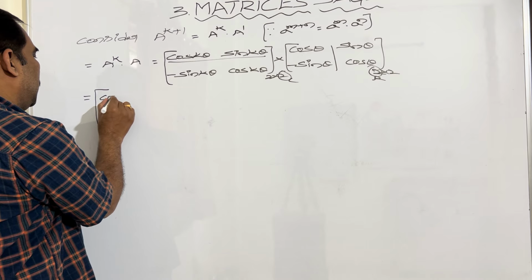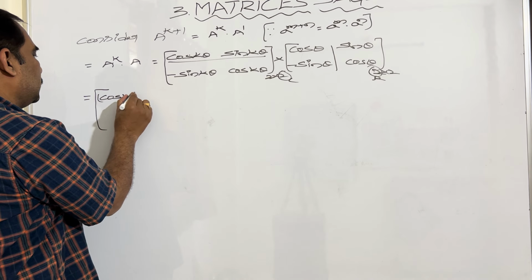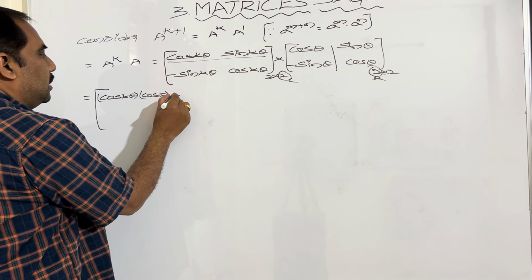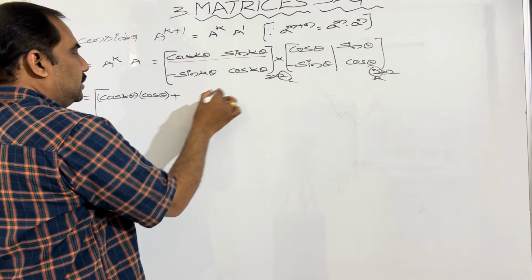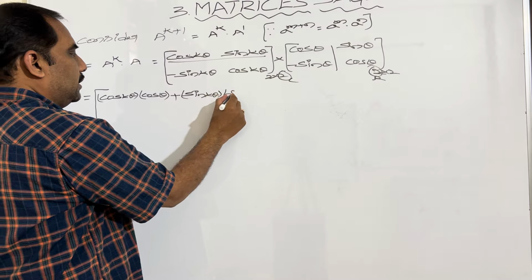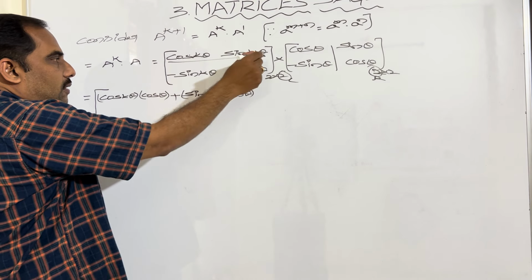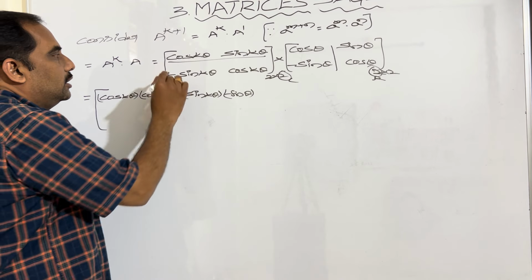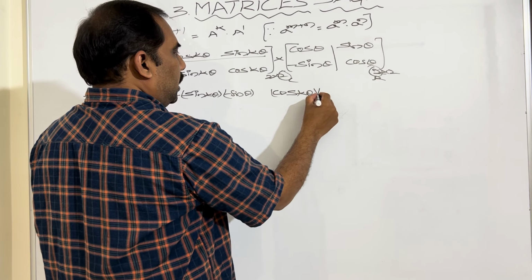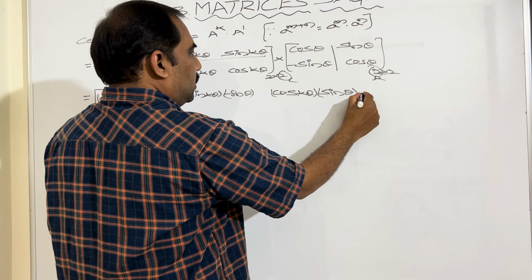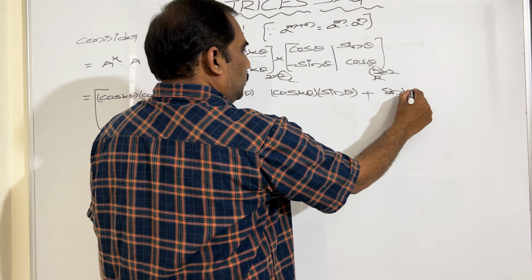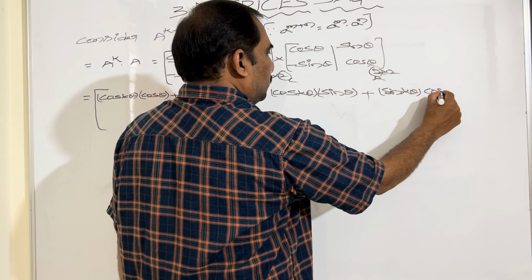Multiplying first row, first column: cos k theta into cos theta, plus sin k theta into minus sin theta. First row, second column: cos k theta into sin theta, plus sin k theta into cos theta.